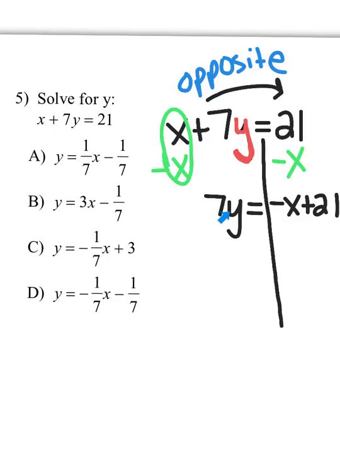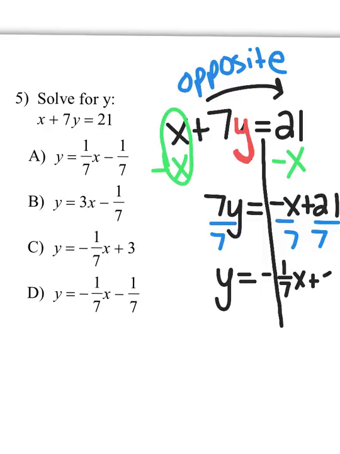They're connected through multiplication. So you undo multiplication with division. Divide every single term by 7. And when you do that, you get y equals negative 1 over 7x plus 21 divided by 7 is 3. So looking at our problems over here, it looks like the answer should be C.